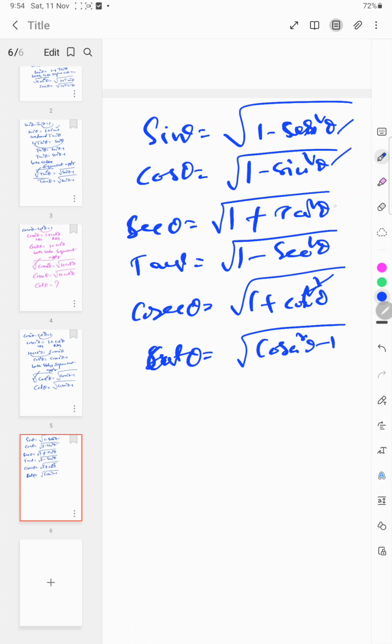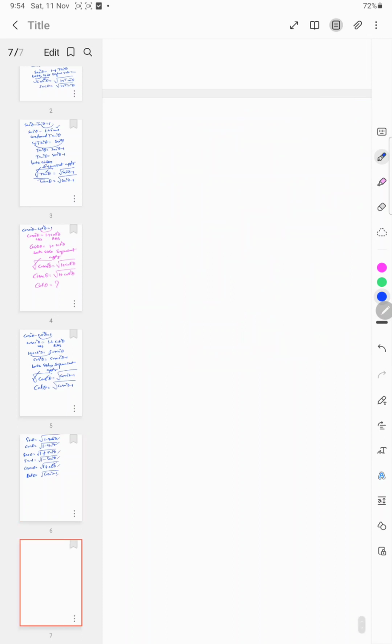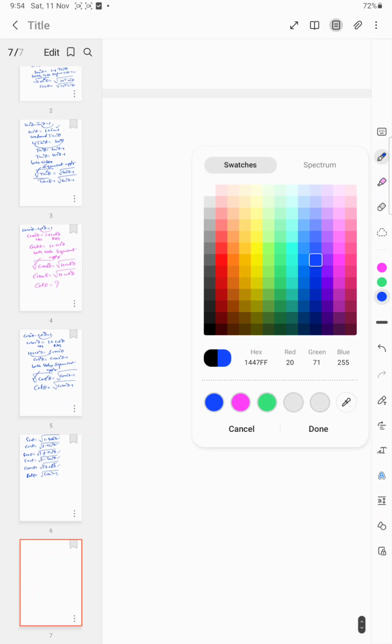So we have sin theta, cos theta, sec theta, tan theta, cosec theta, cot theta. And the new concept I will explain in trigonometry.